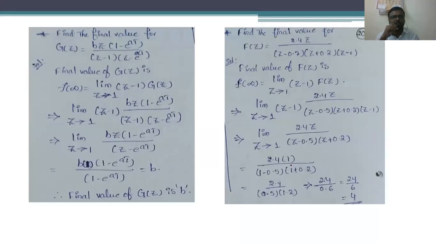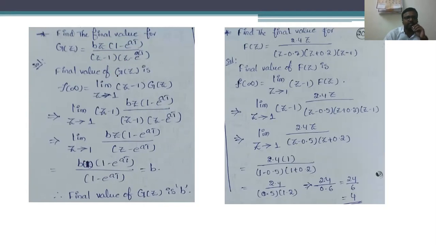Next, find the final value for g of z is equal to bz into 1 minus e power minus aT divided by z minus 1 into z minus e power minus aT.